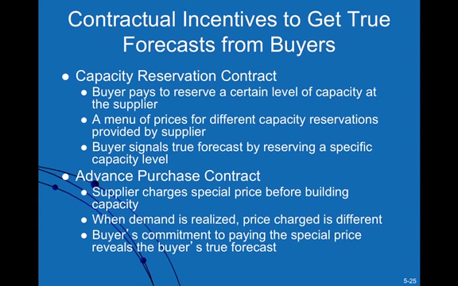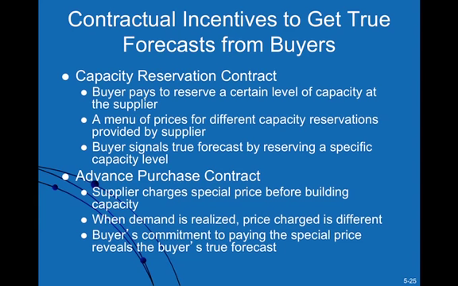So one of the ways to actually get retailers to reveal what they perceive as the true demand is through some contract by structuring some of the contracts, and we did talk about that in our chapter on supply contracts. Capacity reservation contract is one of them.